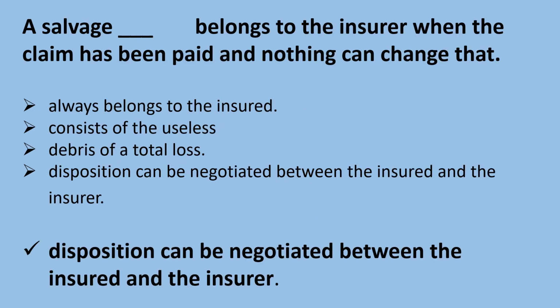Salvage belongs to the insurer when the claim has been paid and nothing can be charged. Disposition can be negotiated between the insured and the insurer. That is the remains of the crash site or the aircraft.